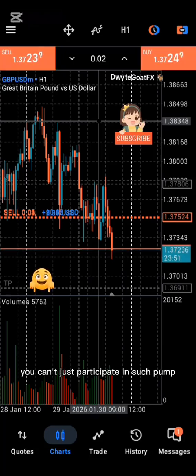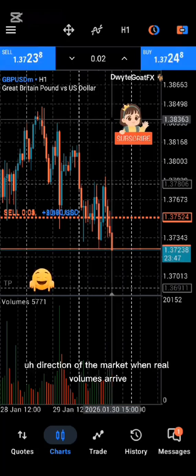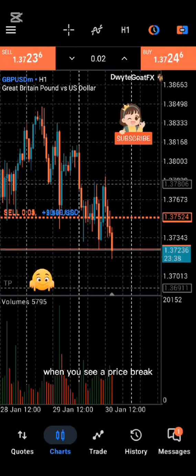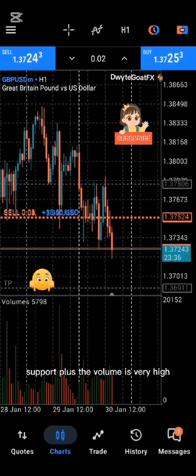You can't just participate in such a pump because it will lead you to a fake direction of the market before real volumes arrive. So talking about volume in different ways, when you see a price break support plus the volume is very high, that gives you a valid breakout.